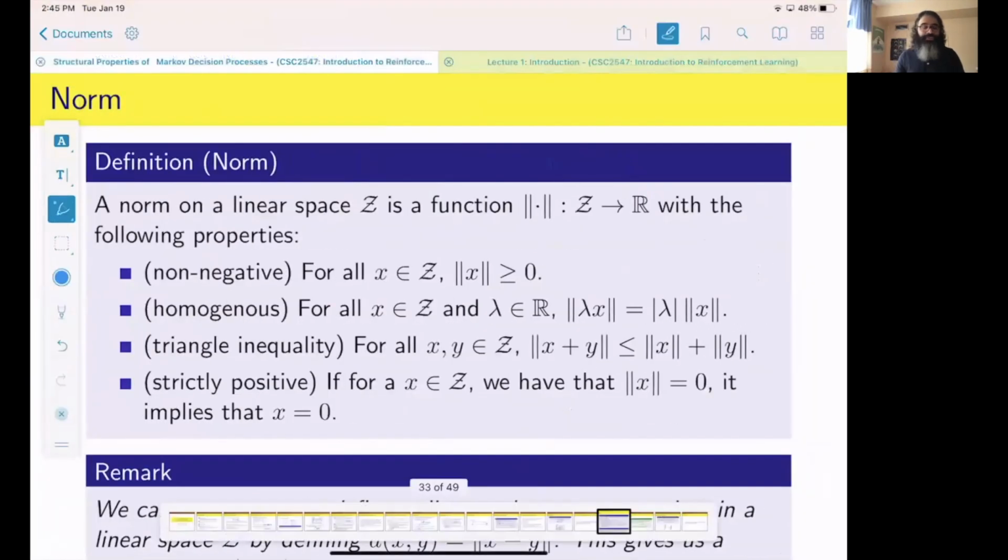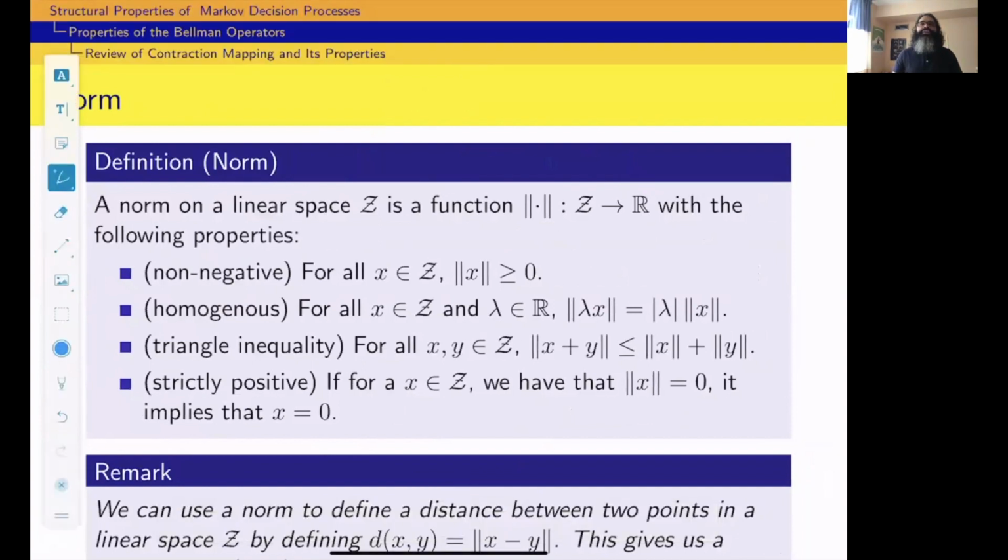The norm is a similar concept, but a bit different. A norm is essentially the size or length of something. And here we focus on linear spaces. I haven't defined linear vector spaces, but these are vector spaces where you can do linear operations, like adding two points and getting a new point.